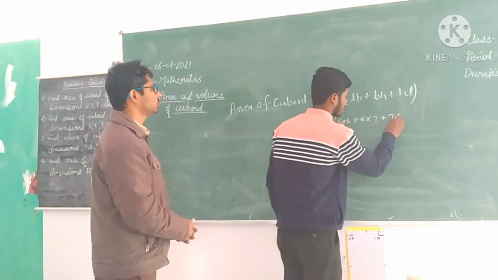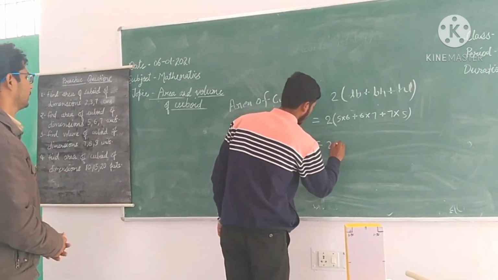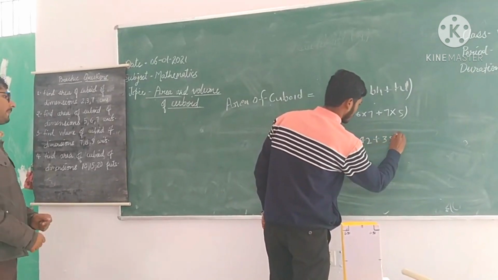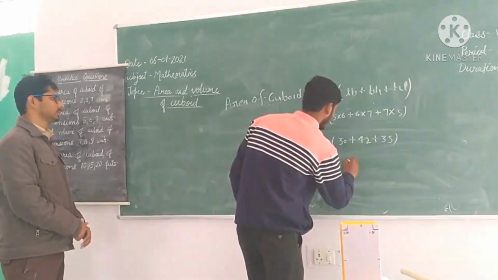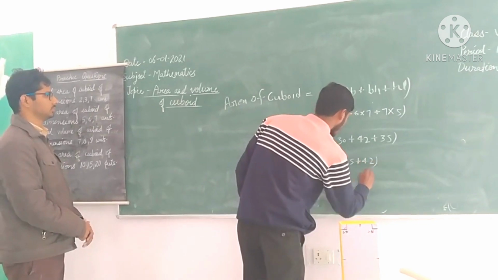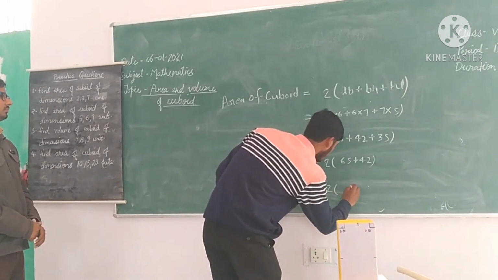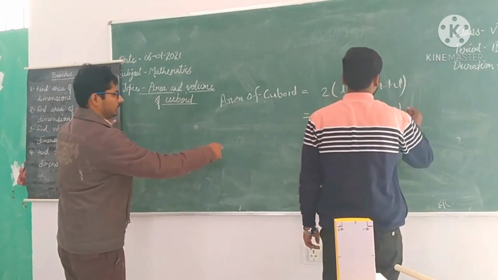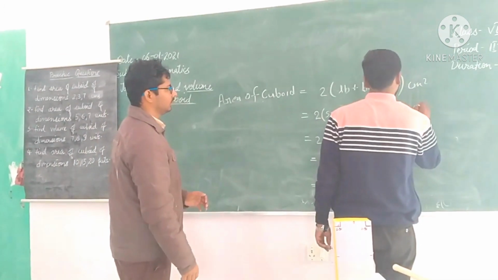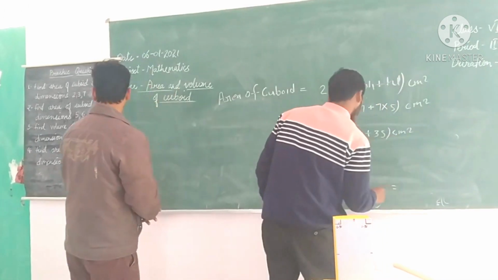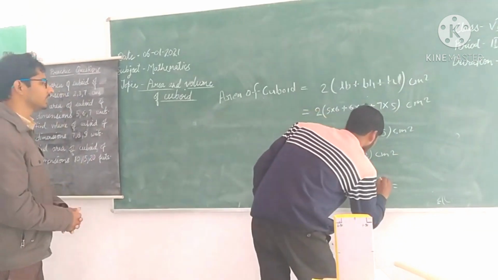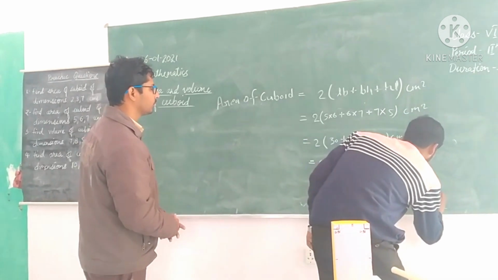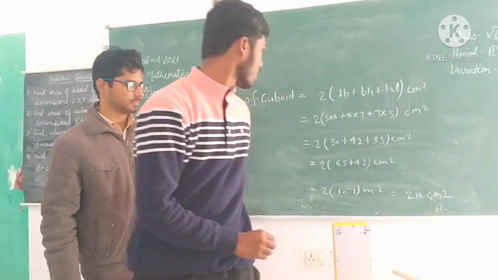Write the units. Centimeter square or unit square or feet square, meter square, whatever is given in the question, you will write those units. 440 centimeter square or units. It is correct. Go to seat. Good one.